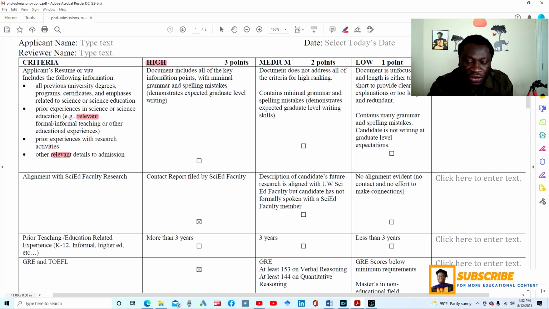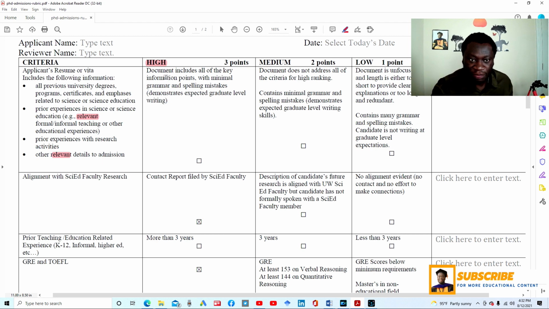Now let's see what is under high. This document includes all of the key information points, that means all of these points, with minimal grammar and spelling mistakes, which demonstrates expected graduate level writing. So you can see that your CV has to be on point as well, and you should try to have another person review it because it shouldn't have any spelling mistakes.